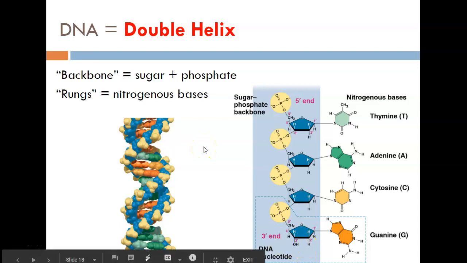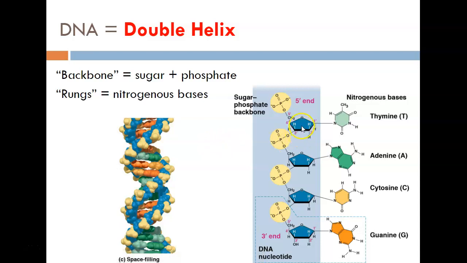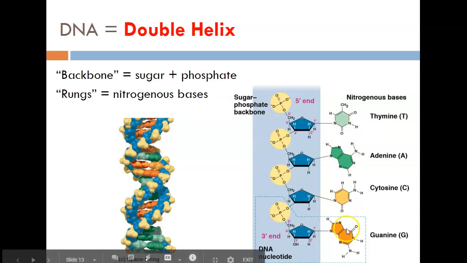So that's one of the differences between RNA and DNA, is that the D stands for deoxy because it's missing one. But that's the backbone. And then the rungs of the ladder are those bases. So those are the 4 different nitrogenous bases, or as you will see them referred to a lot. And that would be half of the ladder. And then there would be a complementary strand that's attached.